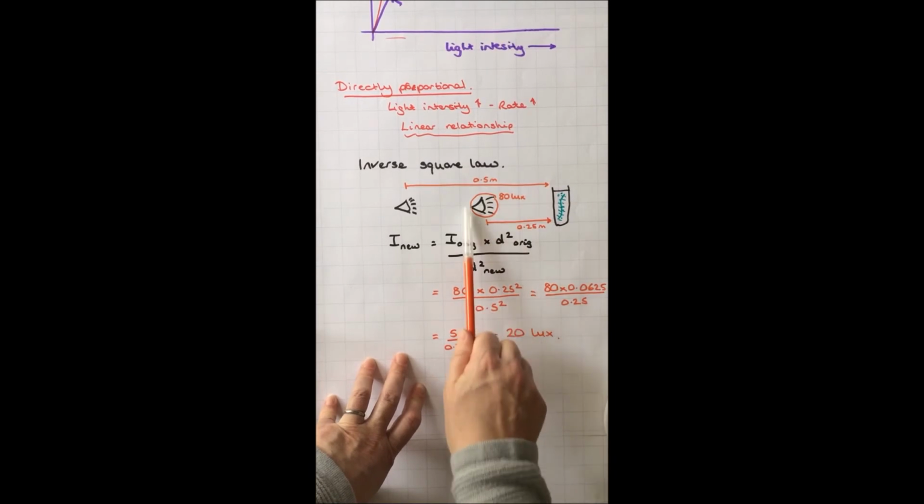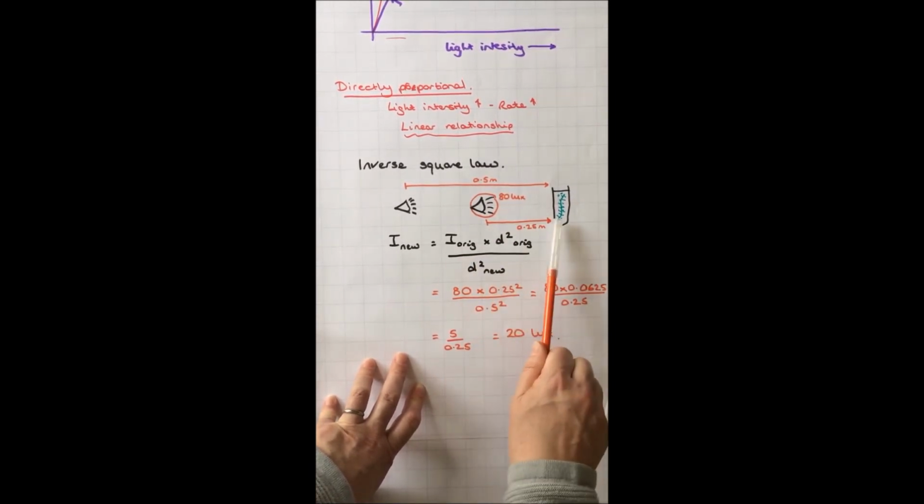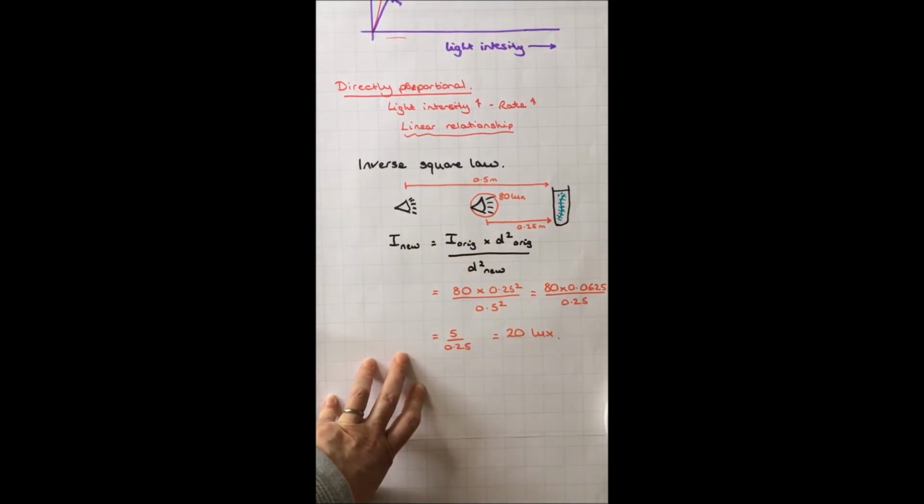So that means that my light intensity at my original position was 80 lux, and as I moved my light further away it moved to 20 lux.